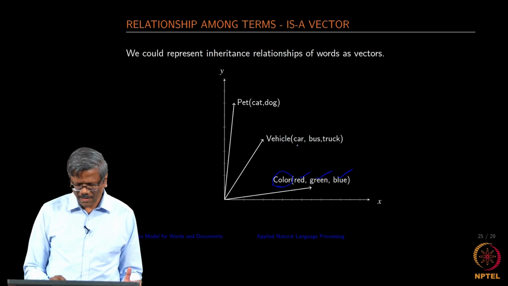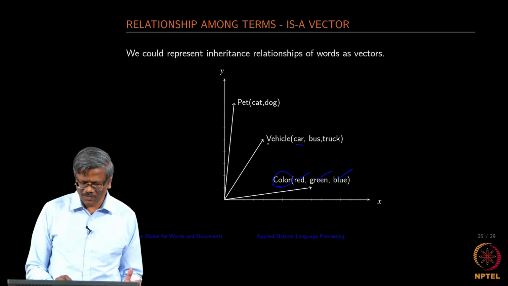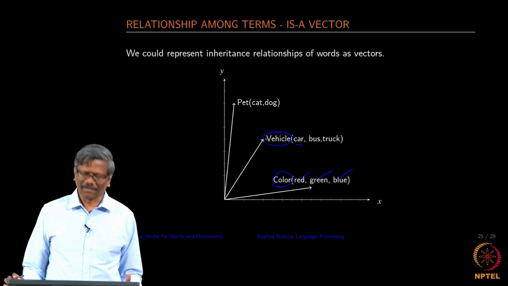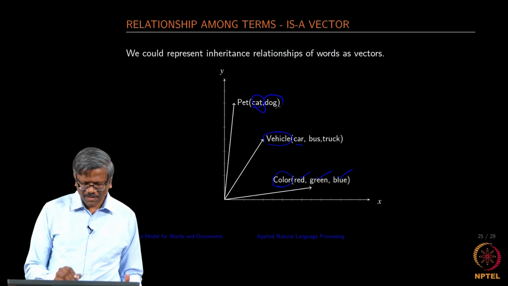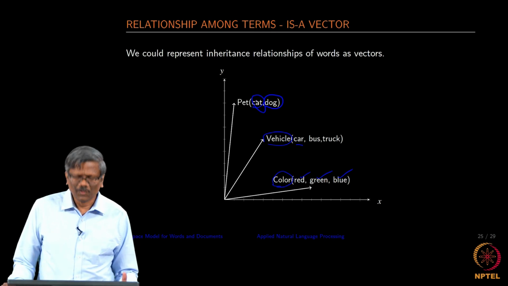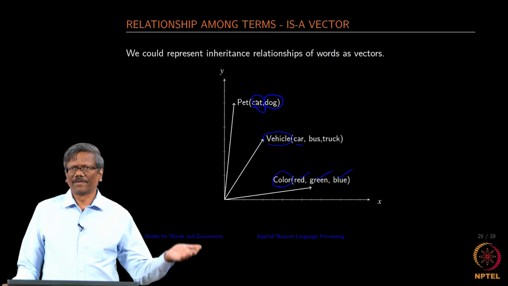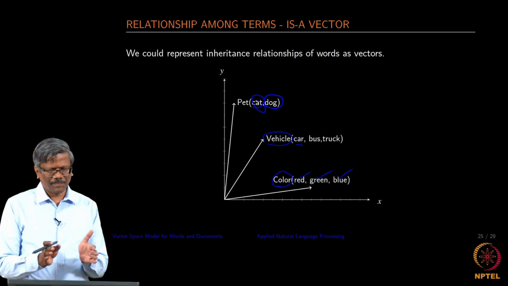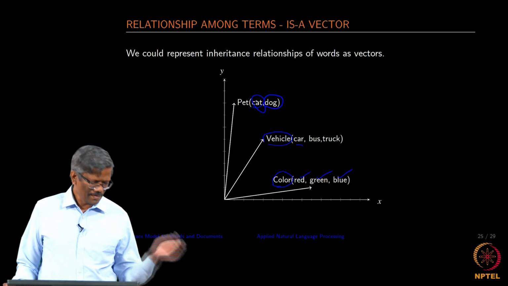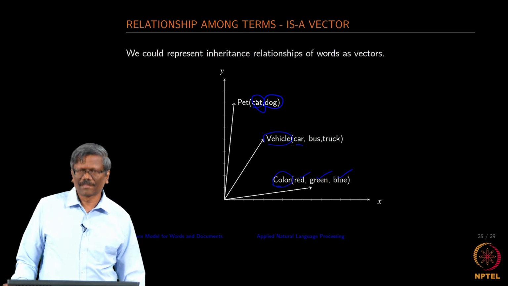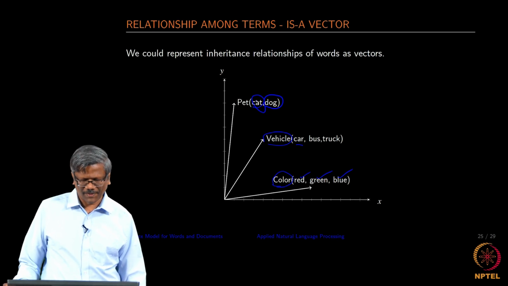And then if you look at the other one, car, bus, truck, I can represent them using one axis called vehicle. And then if you look at cats and dogs, you can use pet. Cat is a pet, dog is a pet. So, by creating this kind of relationship, it is possible for you to reduce the vector space, so that the number of axes that you are talking about will be reduced to a larger extent.